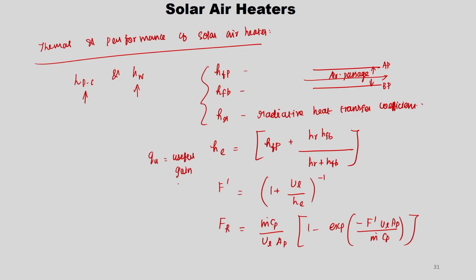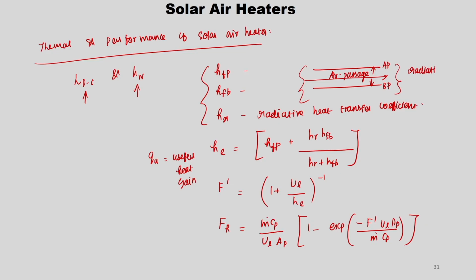So, it is almost the same. Whatever we discussed for the liquid flat plate collector is applicable here as well for performance analysis. But the thing is how you calculate the heat transfer coefficient, basically the radiation and convection losses.